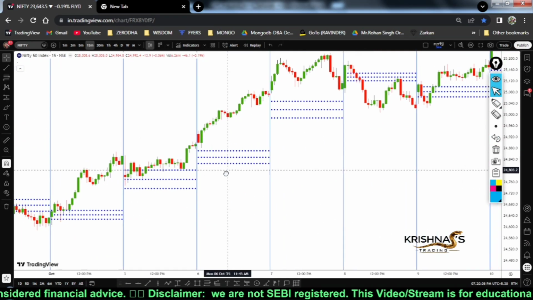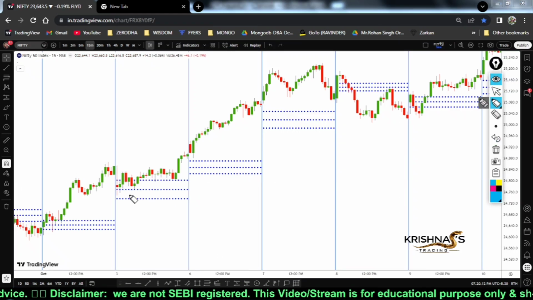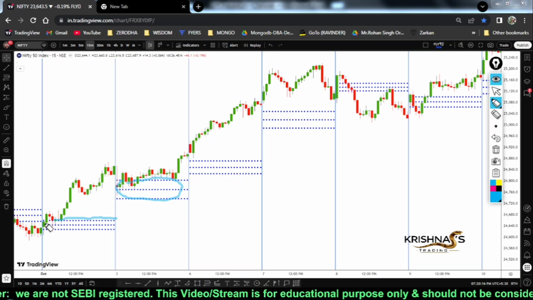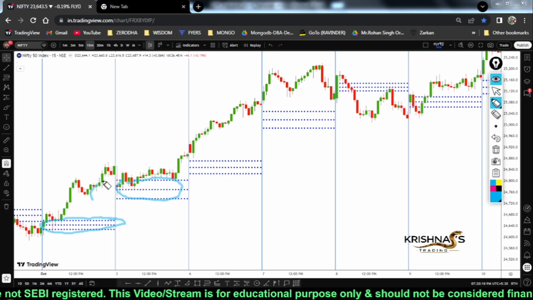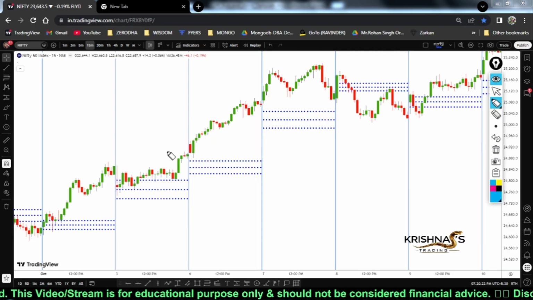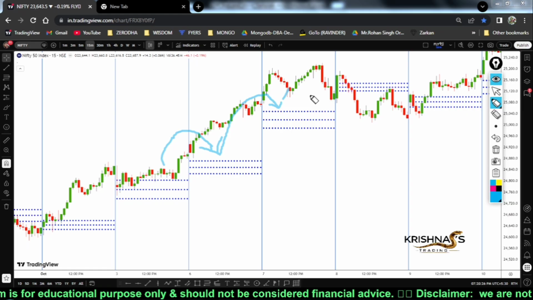Some more examples. CPR formed above the previous day CPR levels and price sustained above the CPR. This is ascending CPR, ascending CPR, ascending CPR.